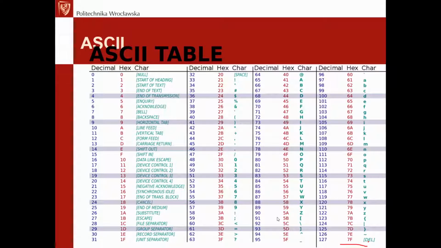The first half, from 0 to 7F, the 7-bit half, is universal, while the second part of the table is changed depending on which characters are to be coded. Therefore, the second part of the table is replaced, and it's not universal.